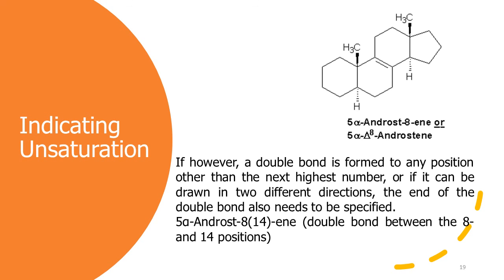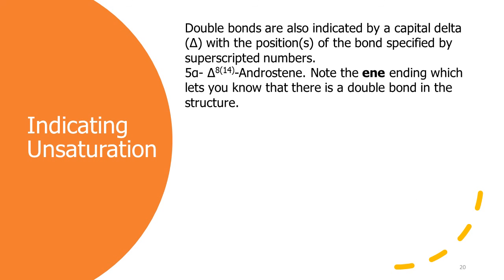Now, if a double bond is formed at any position other than the next highest number, or if it can be drawn in two different directions, the end of the double bond also needs to be specified. For example, androst-8(14)-ene indicates the double bond between the 8th and the 14th positions. Double bonds are also indicated by a capital delta with the positions of the bond specified by the superscript number: 5 alpha delta 8(14) androstene.